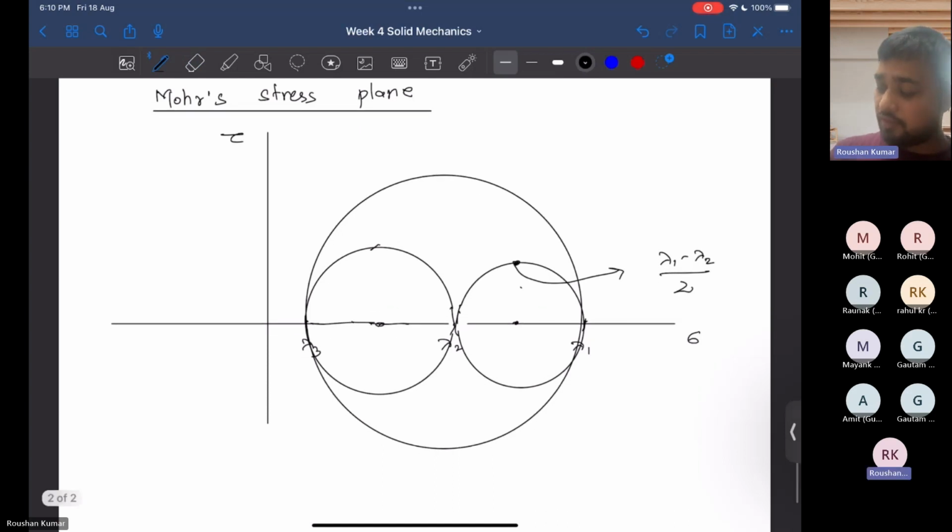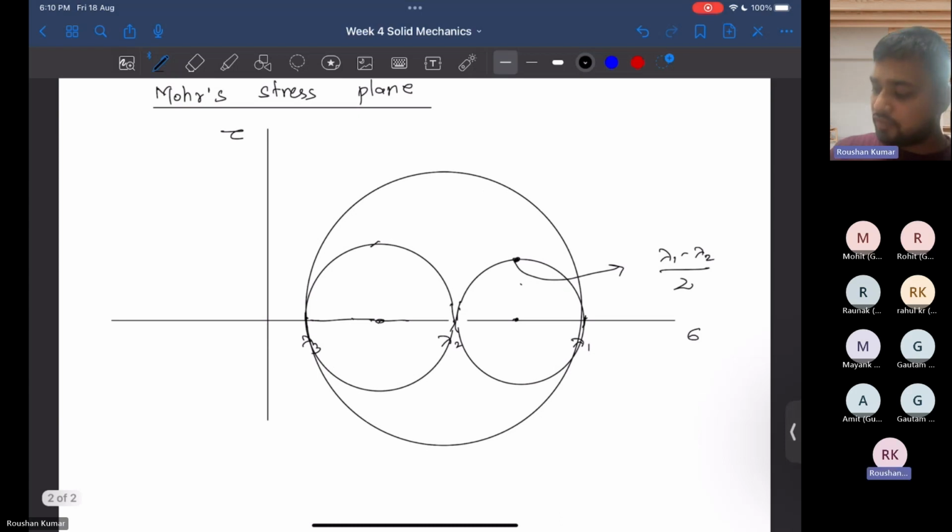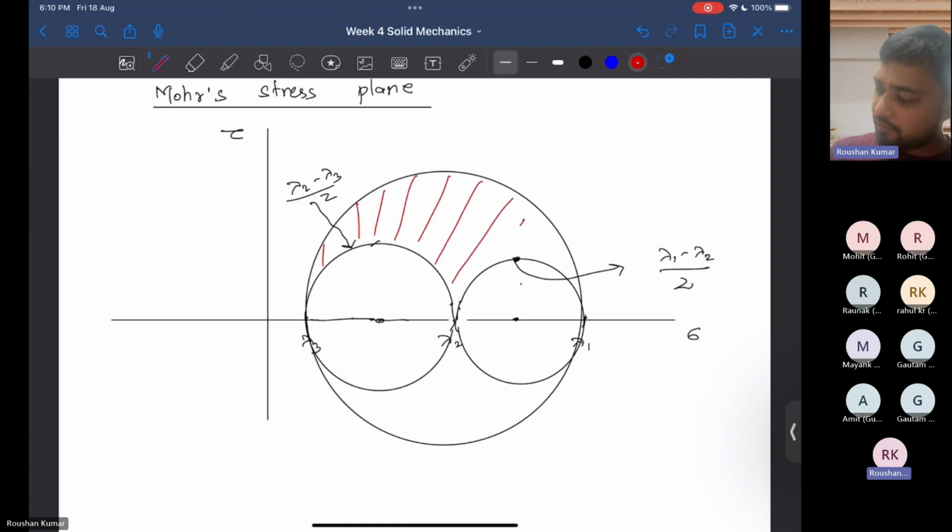Similarly, for the maximum shear stress on this plane, which is formed using lambda 2 and lambda 3, the radius of the Mohr circle is given by (lambda 2 minus lambda 3) upon 2. And the remaining portion is covered under plane number 3. The maximum shear stress on this plane is given by (lambda 1 minus lambda 3) upon 2.